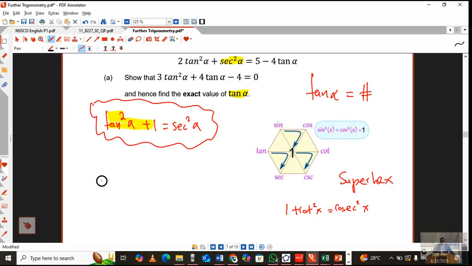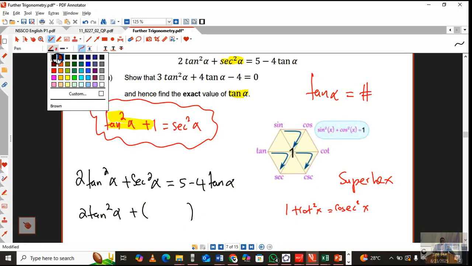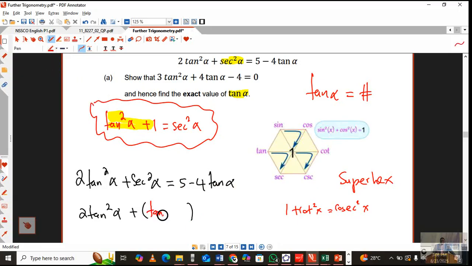All right, let's start. So you have 2 tan square alpha plus sec square alpha is equal to 5 minus 4 tan alpha. Then I have 2 tan square alpha, and in the place of sec square alpha, I'm going to replace it by tan square alpha plus 1, and this is going to be equal to 5 minus 4 tan alpha.